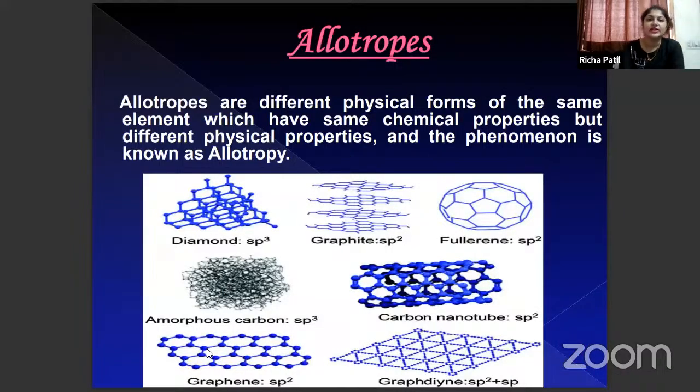So which are the different allotropes of carbon? What do you mean by allotropy? Allotropes are different physical forms of the same element which have the same chemical properties but different physical properties.